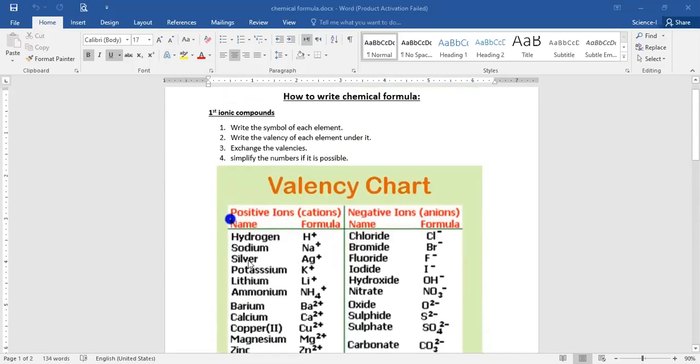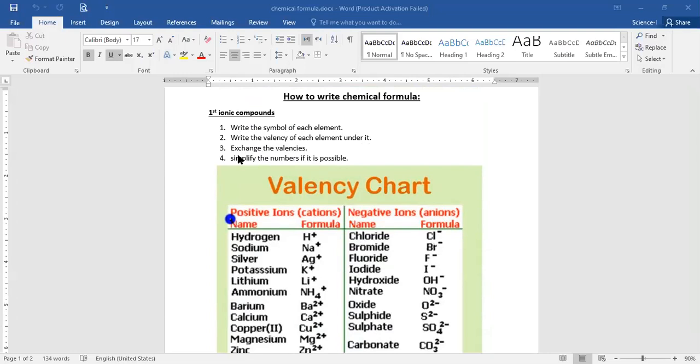So let's first recheck the steps. First, write the symbol of each element, then write the valency of each element under it, then exchange the valencies, and simplify the numbers if it's possible. Valency is represented by the number of charges it carries, for example 1, 1, here 2, 2, and so on.